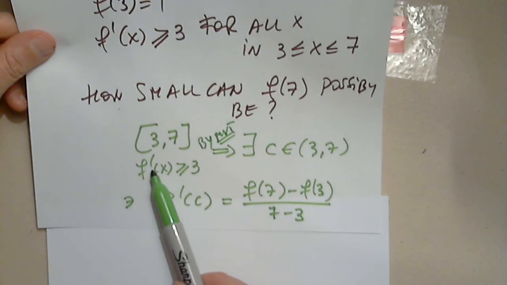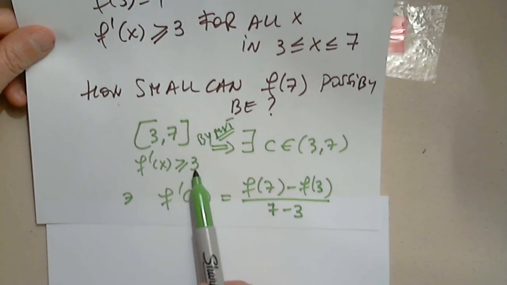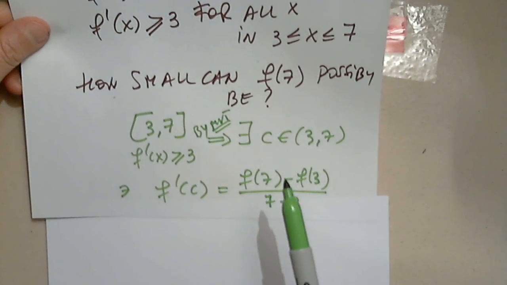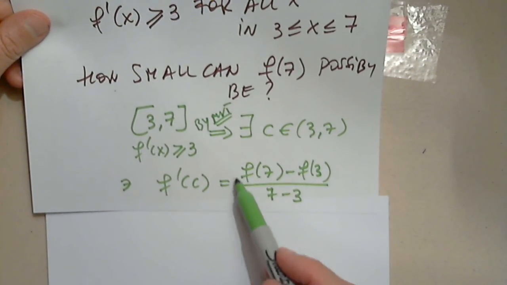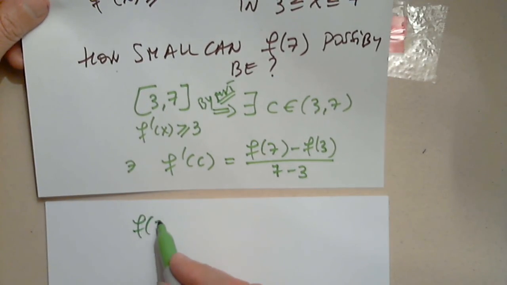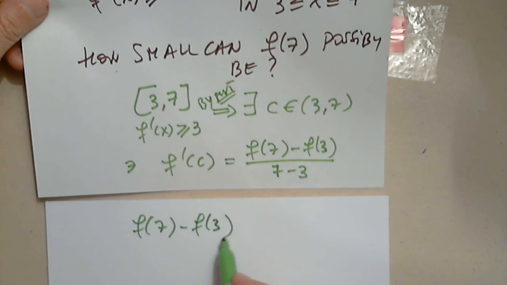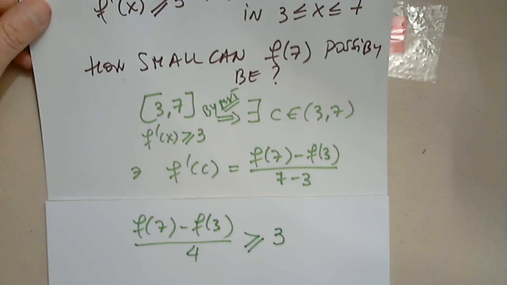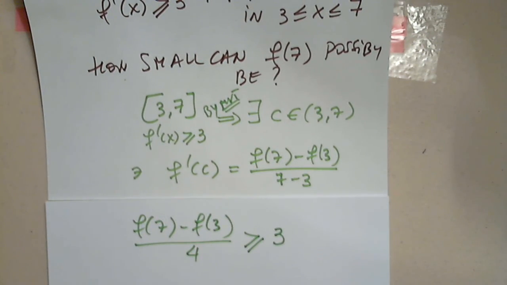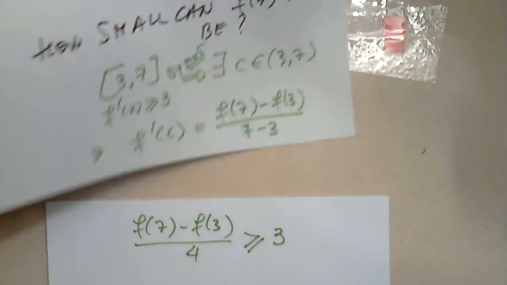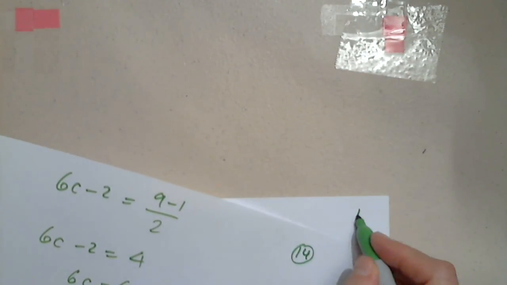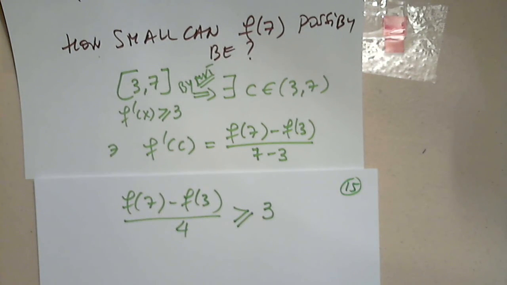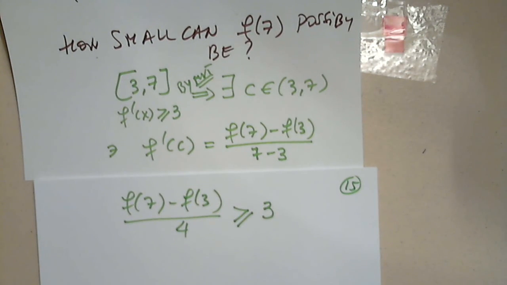But I'm told that f prime is greater than or equal to 3 for any c between 3 and 7, which means f of 7 minus f of 3 divided by 4 must be greater than or equal to 3. Okay, that is given to us, it's known.